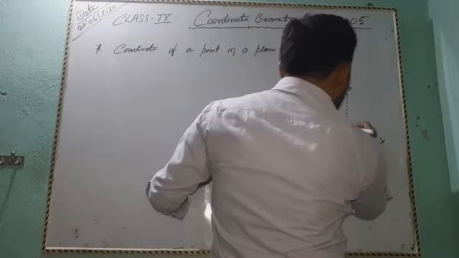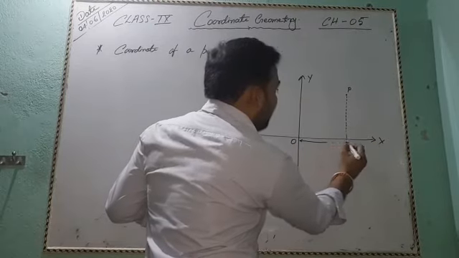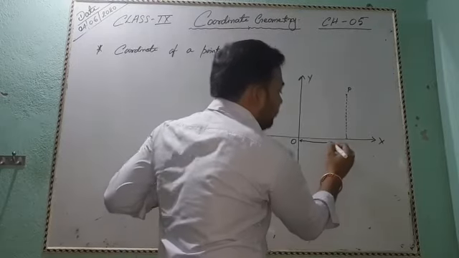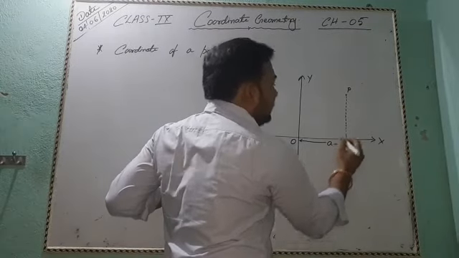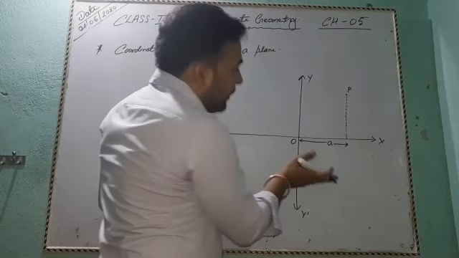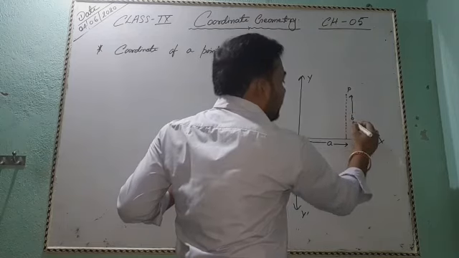We draw a perpendicular on the x-axis. The distance of P from the y-axis is a units, and the distance of P from the x-axis is b.